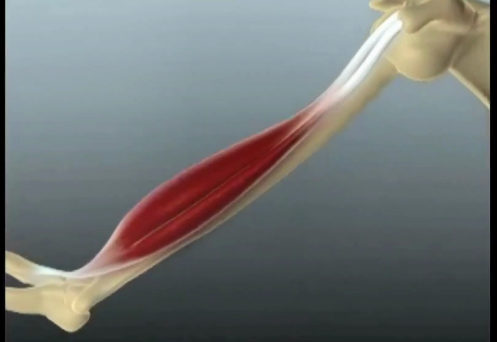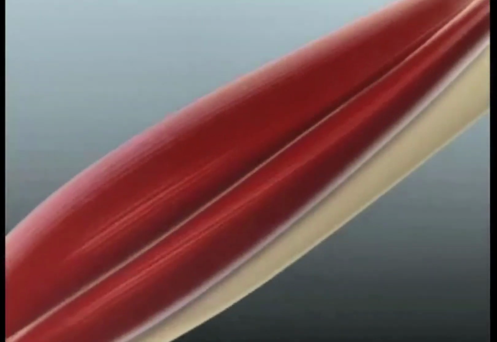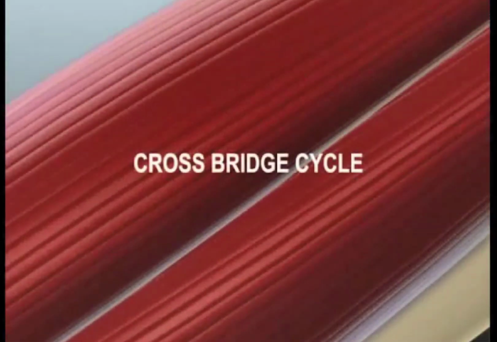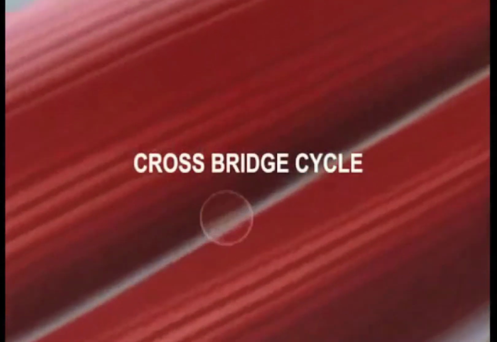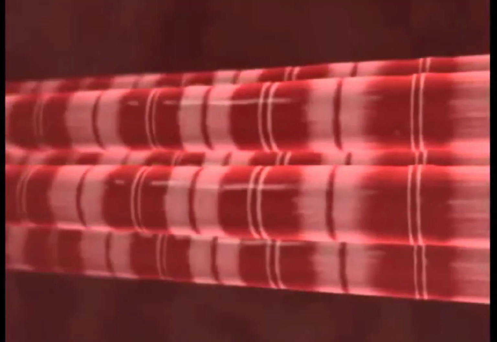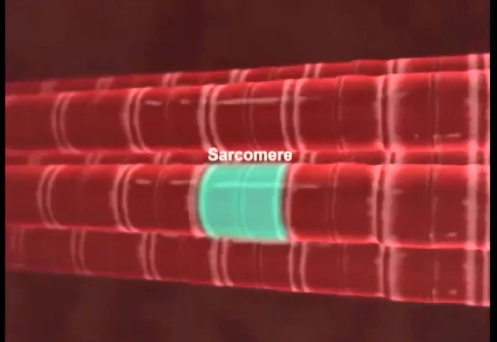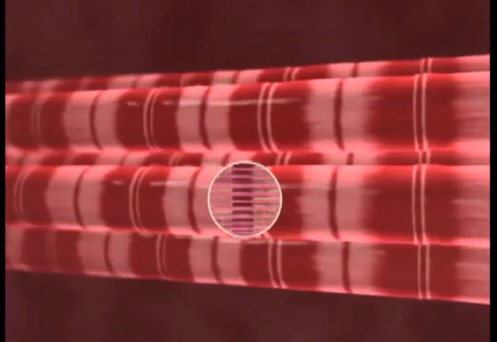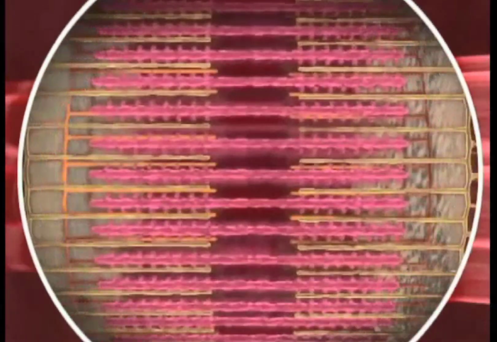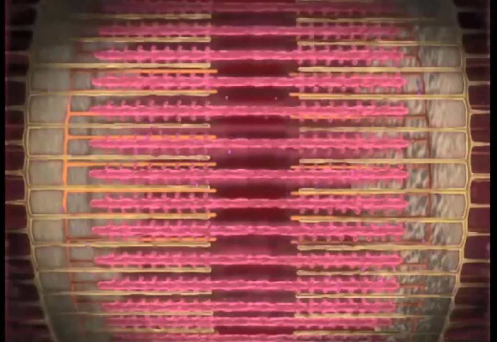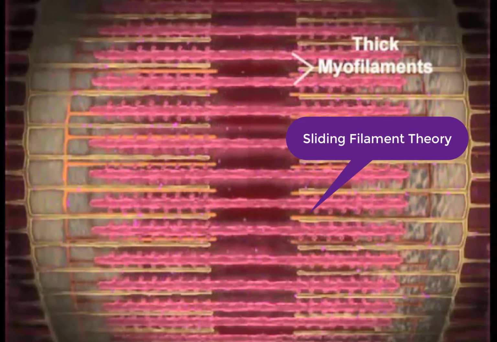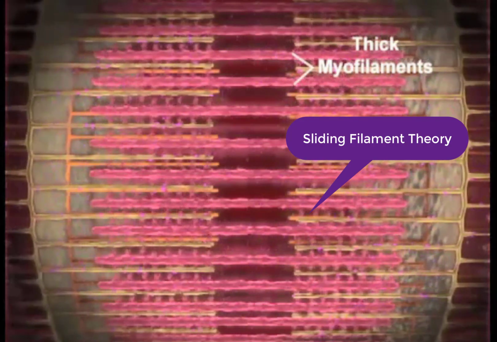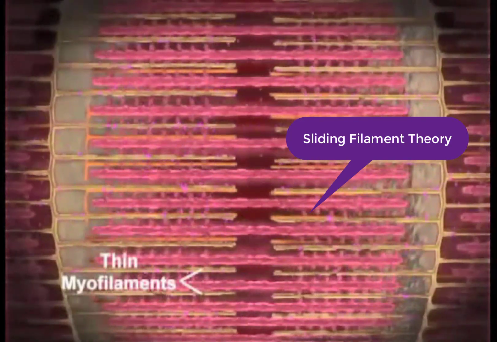A contraction is triggered by a series of molecular events known as the cross-bridge cycle. In a skeletal muscle fiber, the functional unit of contraction is called the sarcomere. A sarcomere shortens when myosin heads in thick myofilaments form cross bridges with actin molecules in thin myofilaments.